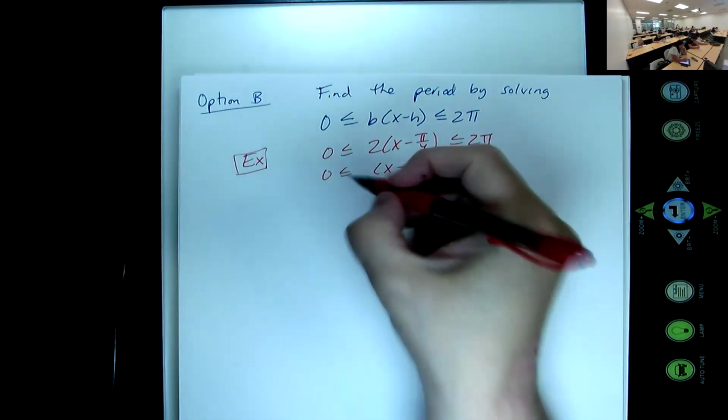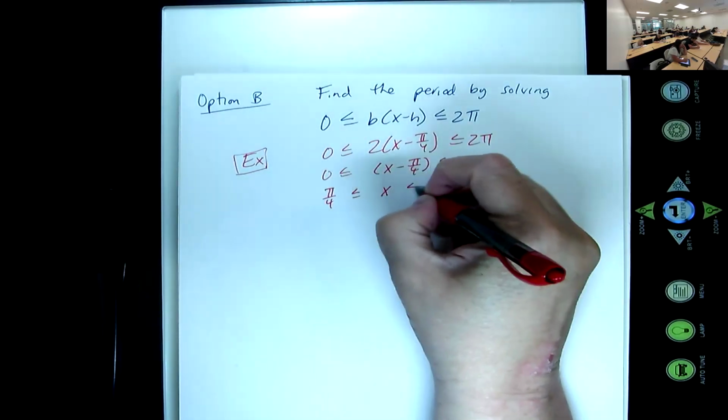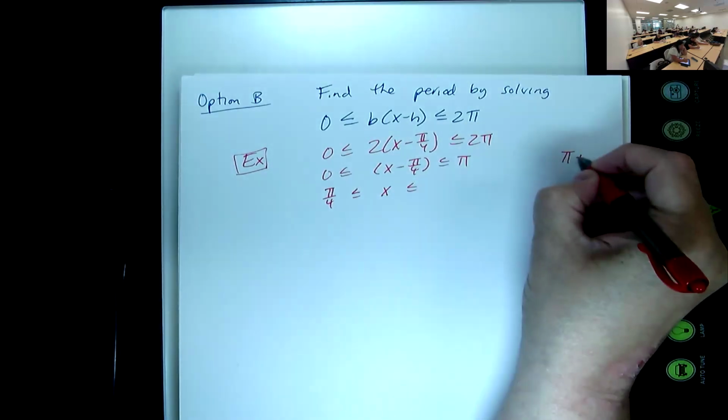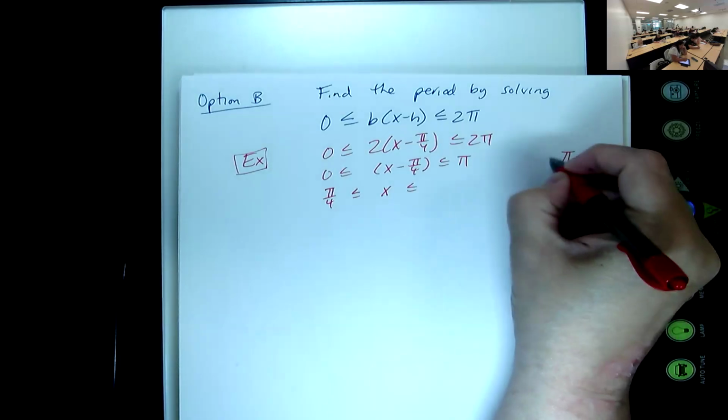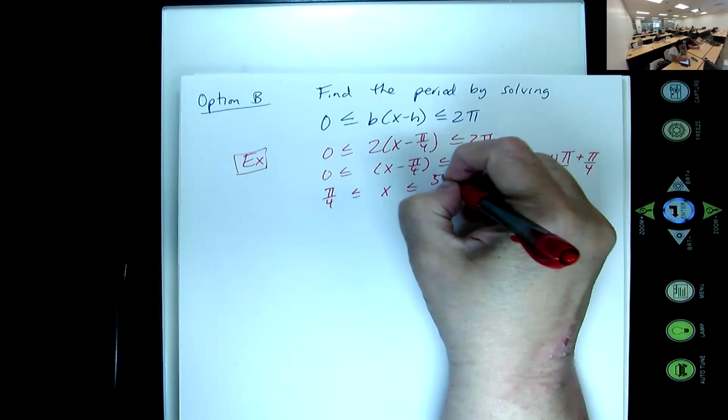And then I would add pi over 4 to all regions. Pi plus pi over 4 is the same thing as 4 pi over 4 plus pi over 4, 5 pi over 4.